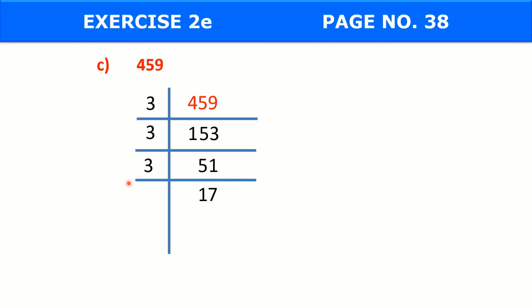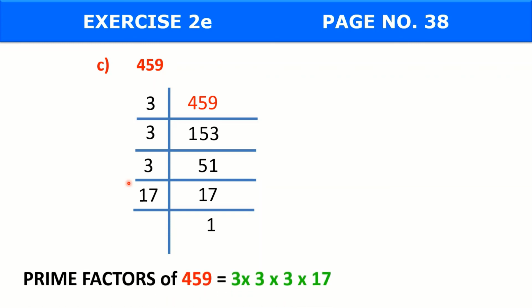Now as you know that 17 is a prime number, so it will only be divisible by 17 or 1. So we will divide 17 by 17 and get 1 at the end. Now we will stop this process and write the prime factors of 459 as 3 times 3 times 3 times 17.